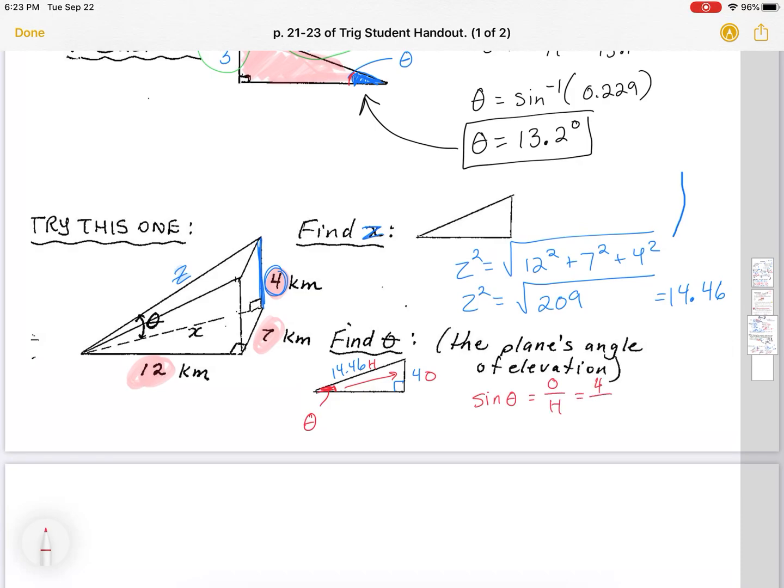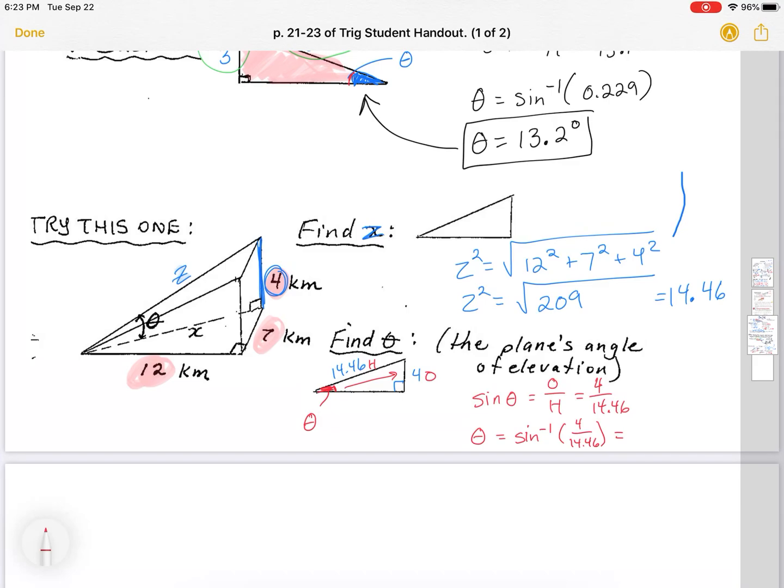So I know my opposite and my hypotenuse. So sine of theta is equal to opposite over hypotenuse, which is equal to 4 over 14.46. I think I actually put an extra piece of paper in just to do the work here, but I think I can fit it in.